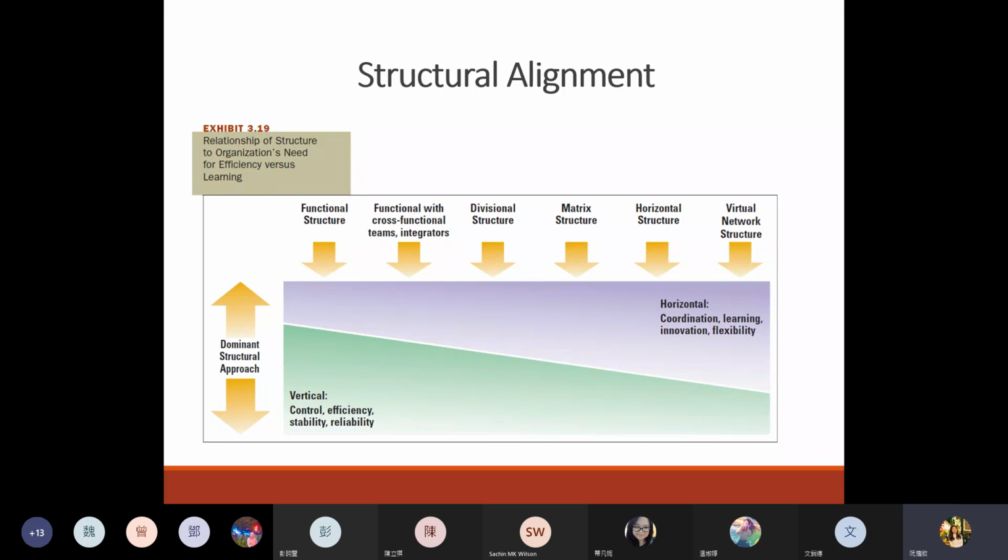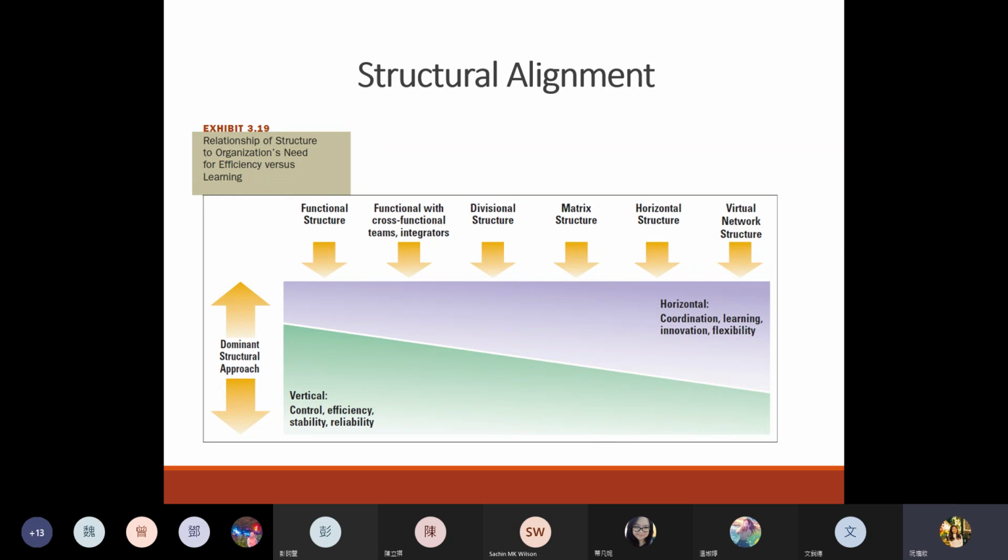So you can see that functional structure on the upper left was the most typical one of the vertically oriented structures. And then we have functional with some cross-functional teams or integrators, like I mentioned before, maybe some personnel who will have extra roles to collaborate, to make sure of the collaboration or communication between different departments.